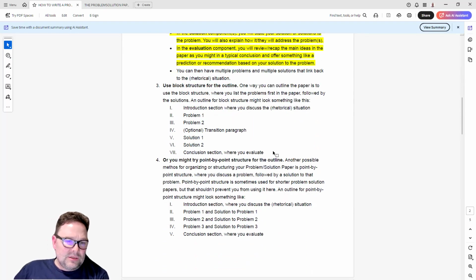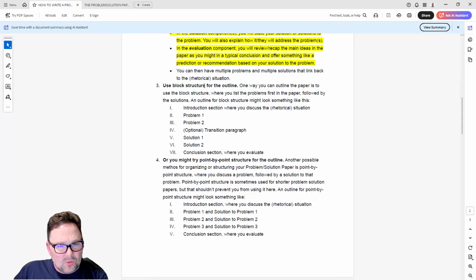There are a couple ways you can go about it. Really, there's no rule book for this. But these types of papers, problem solution papers, are often handled because again, there are some more moving parts than we're used to so far, handling them with a distinct organizational or structural scheme becomes a little more important.